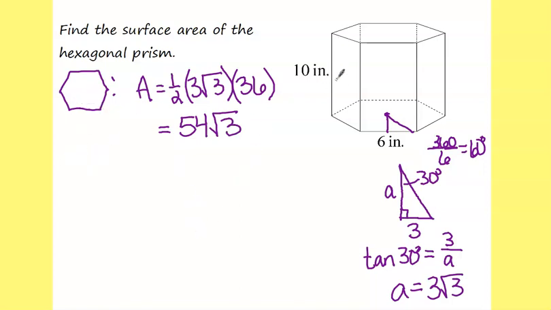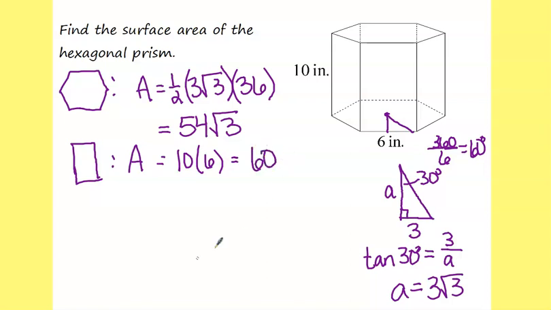Now let's look at these rectangular sides along there. Each of those sides is the same because it's a regular hexagon. Each of these is going to be a 10 by 6 rectangle. So one of them, the area is just going to be 10 times 6, which is 60. Now, in order to get my surface area, I just add up each face of the prism. We have 2 hexagons, so I have 2 that are going to be 54 times the square root of 3.